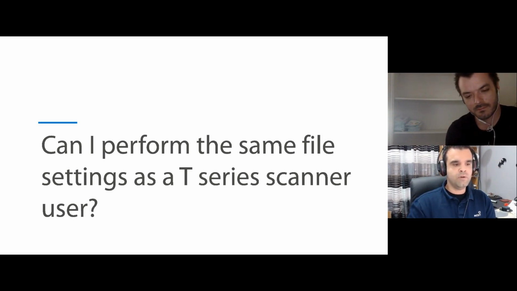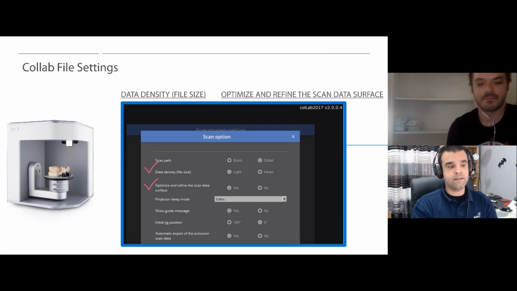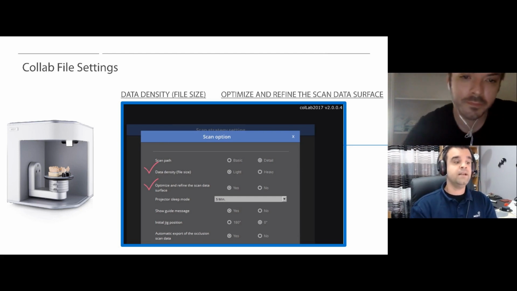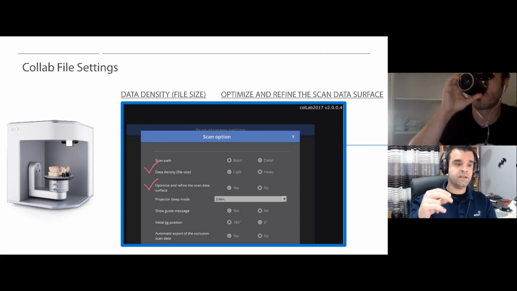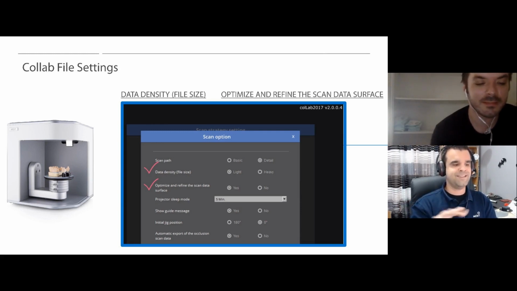You just have to go to the settings of Colab and find these two options: the data density, which will be light or heavy, and optimize and refine the scan data. Apart from closing the holes, if you activate optimize and refine scan data, it also performs a slight smoothing or optimization of the surface of the data, but very, very light and very smooth.